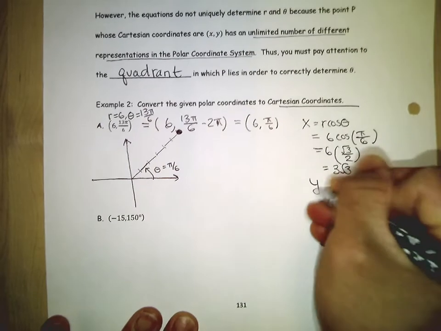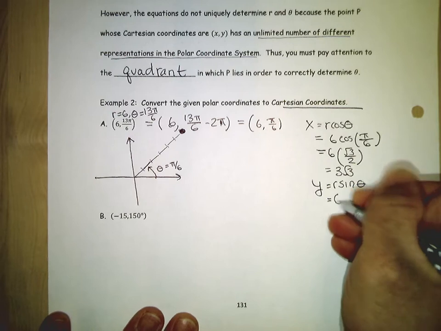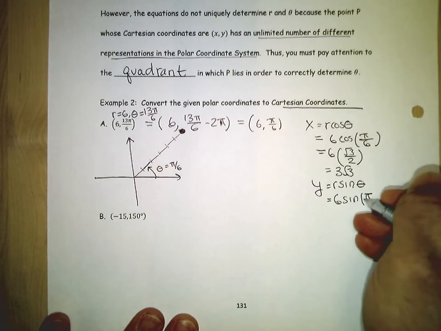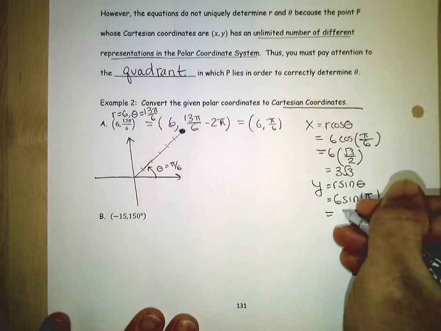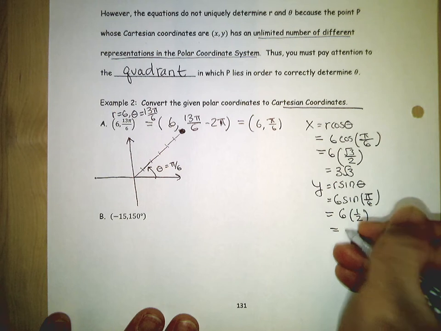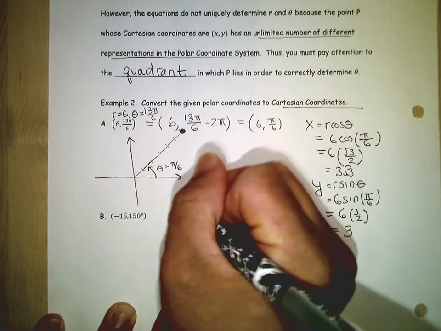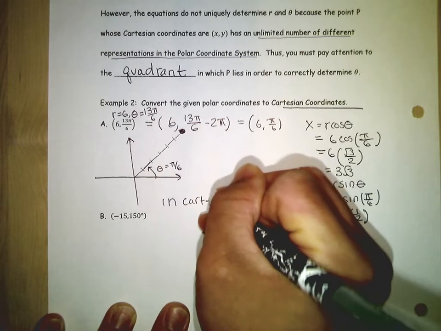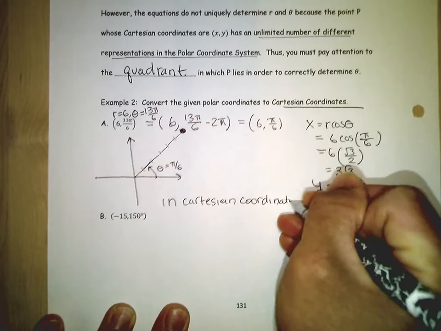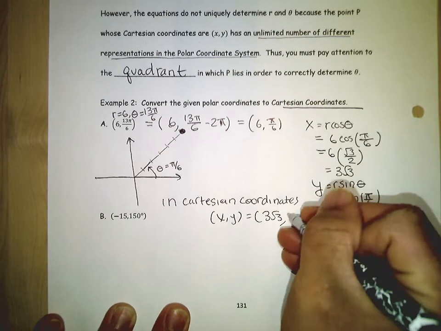And now y is r sine of theta, so that's 6 sine of pi over 6, which is a half, and 6 times a half is 3. So now you know that in Cartesian coordinates, the same point is x, y is 3 square root of 3, 3.